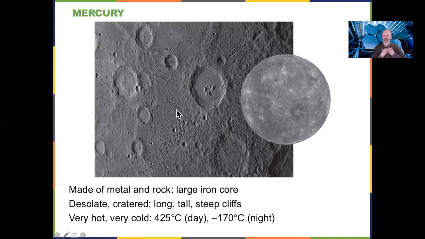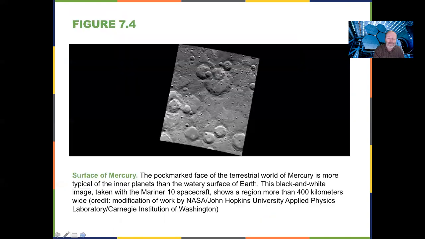If I'm standing here in the sun, I'm going to just melt away instantly. If I move just over here into the shadow, I will freeze. If I'm over here in the shadow and I'm freezing and I stick my hand out into the sun, poof, it's gone. So yeah, it's quite something there.